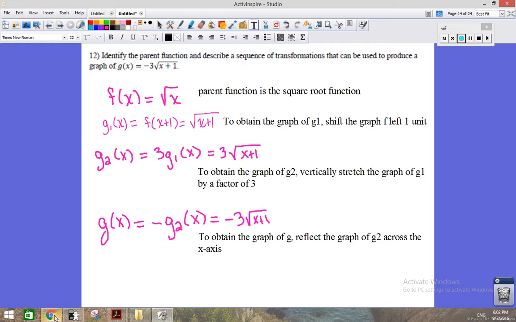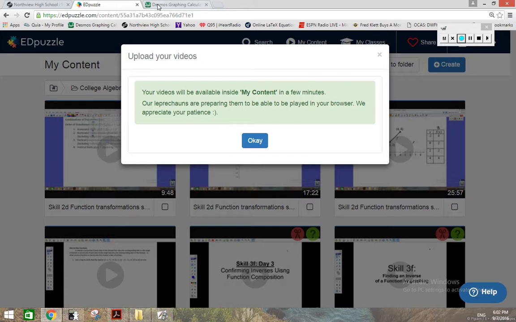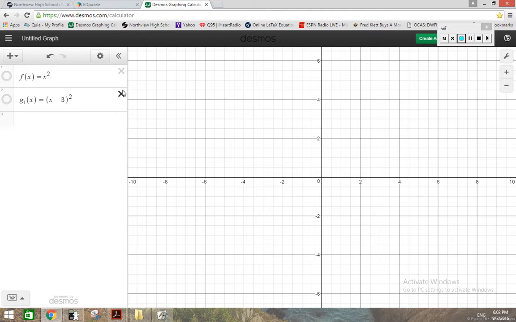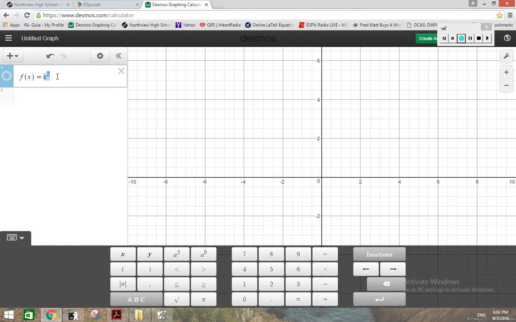My previous problem is probably still on there, so let's get rid of it. And my new parent function here is the square root of x.